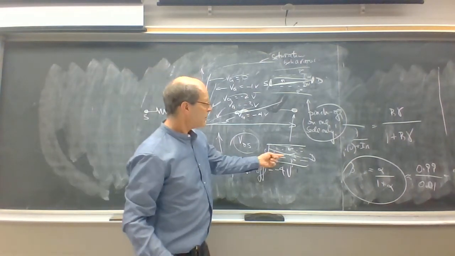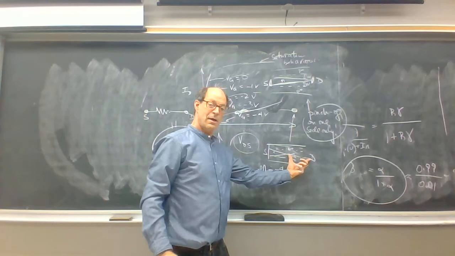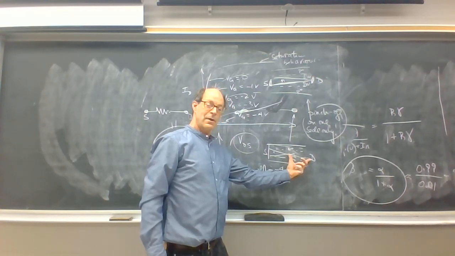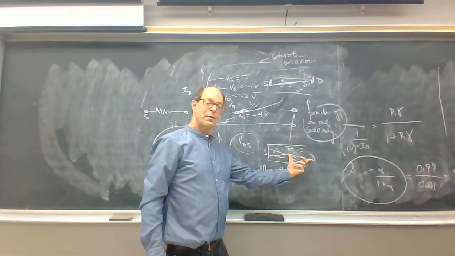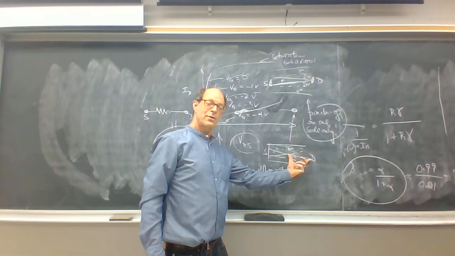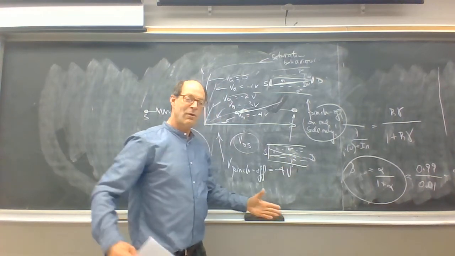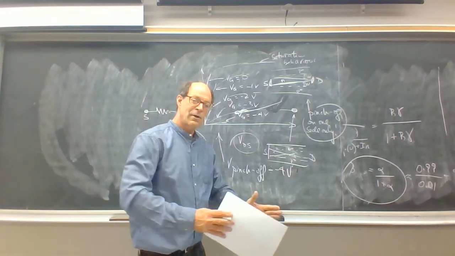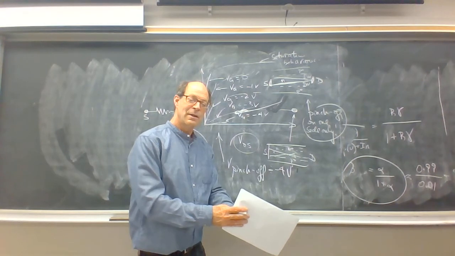Interestingly, although the channel's pinched off through this entire length here, the current is still flowing. So that pinch-off will not stop the current flow. It'll simply prevent it from increasing. So it's like taking a river and squeezing the river into a very narrow channel.